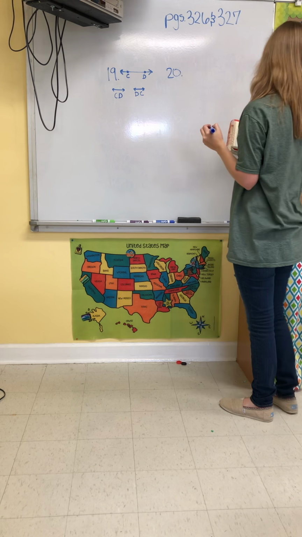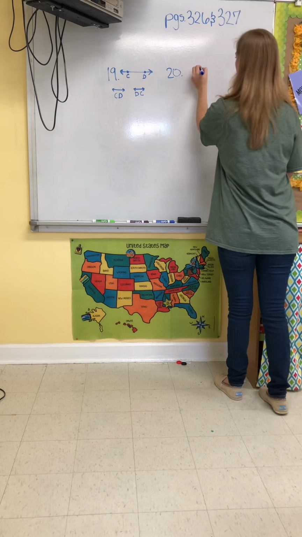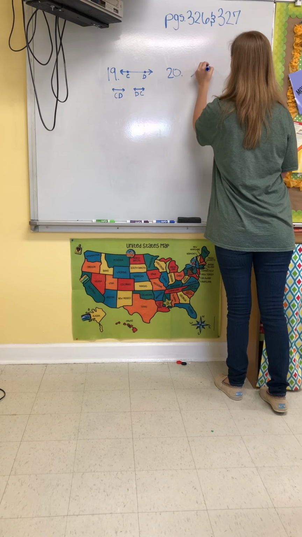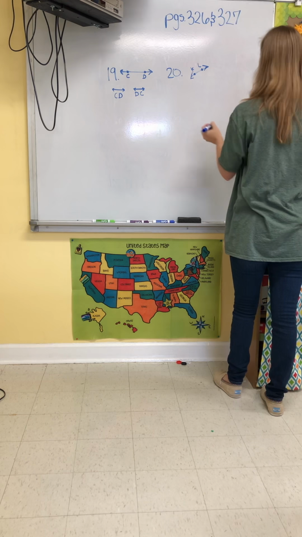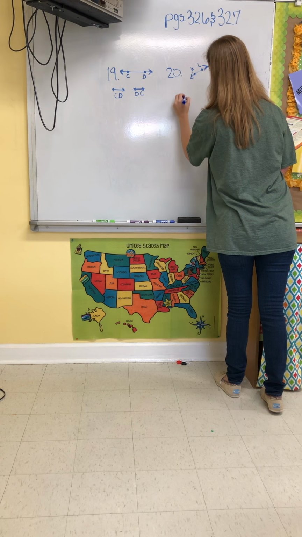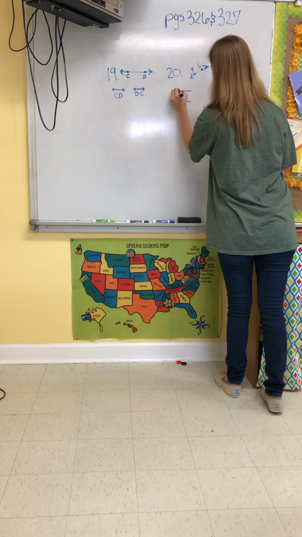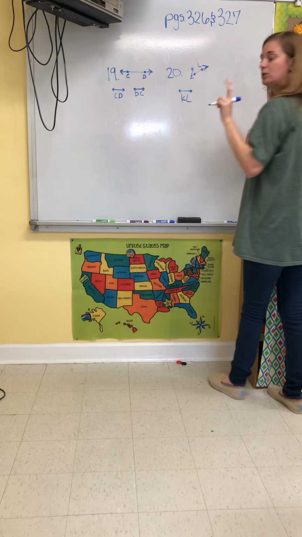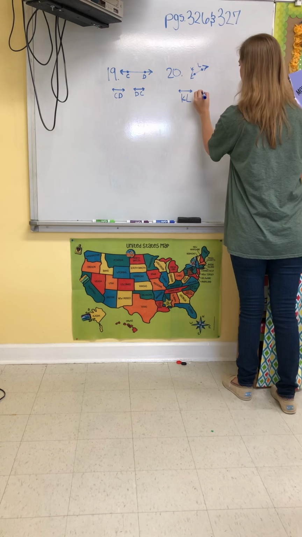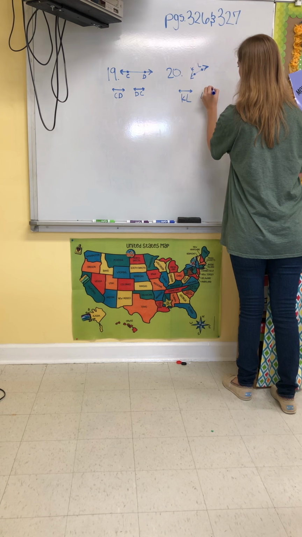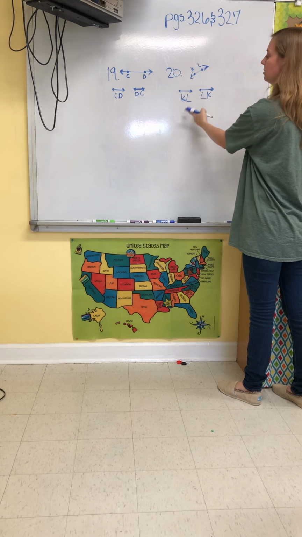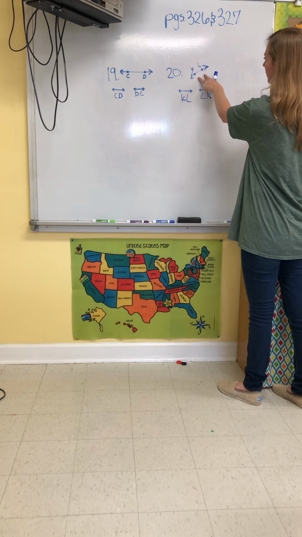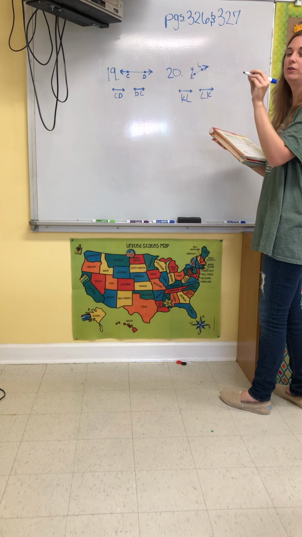For 20, it's the same way. You have a line. My letters are K and L. So I do the same thing. KL, do my little symbol at the top, and then I would just switch the letters around. And then I would do LK. The reason you could switch them around is because no matter how you look at it, it's still going to be a line and it's still going to be going the same way.